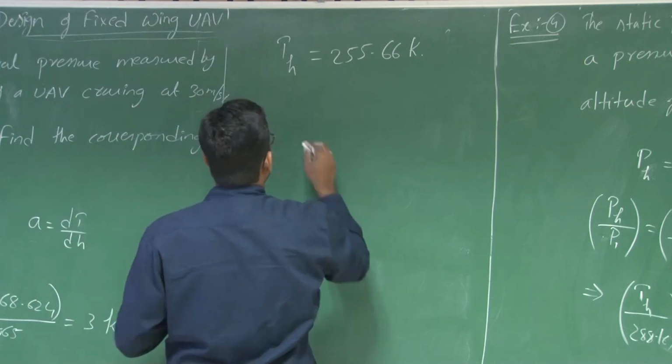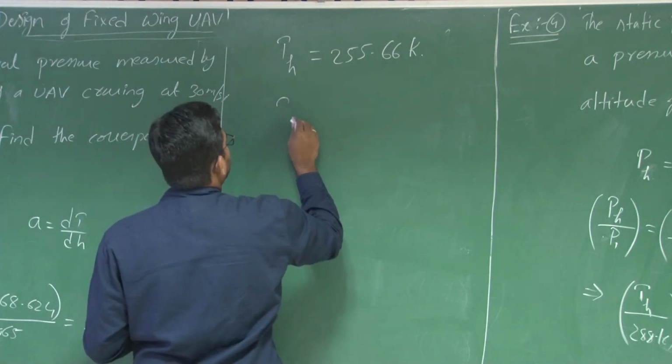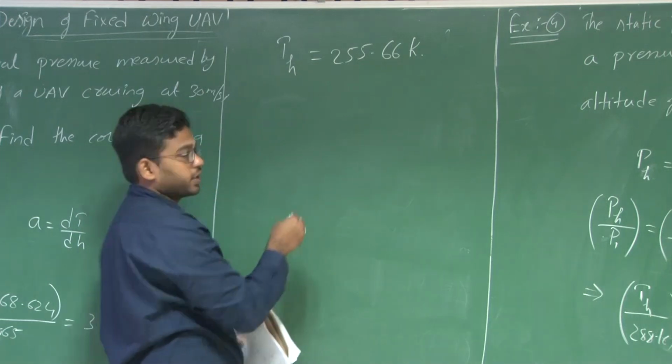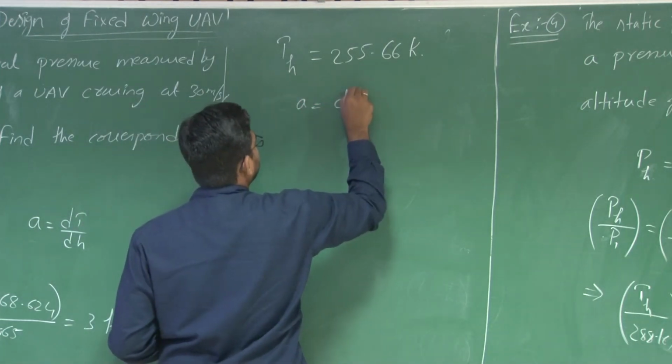Right. So we know from the definition of lapse rate again, A is equal to dT by dH.